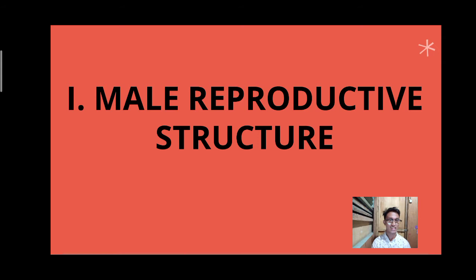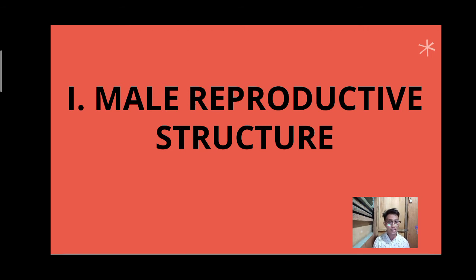Okay, let's go ahead with our main topic, and we will talk first about the male reproductive structures. The roles of the male in reproduction are to produce sperm cells and to deliver the sperm cells to the reproductive system of the female to fertilize an egg.